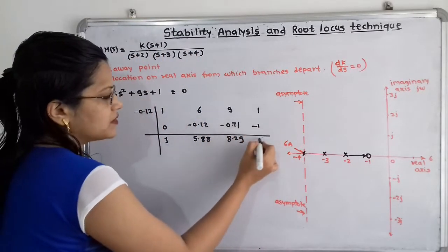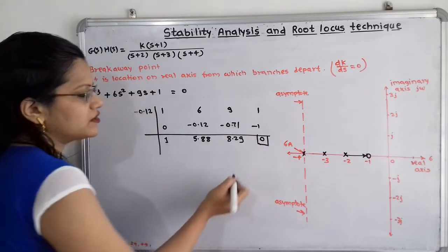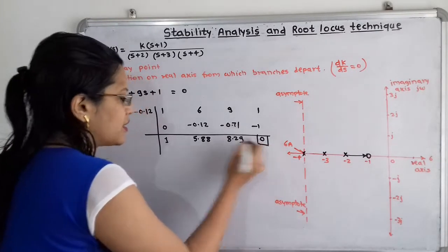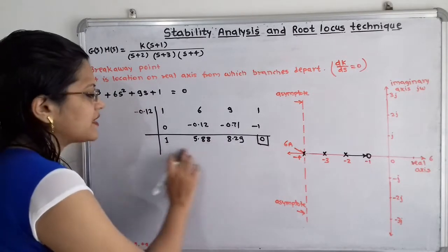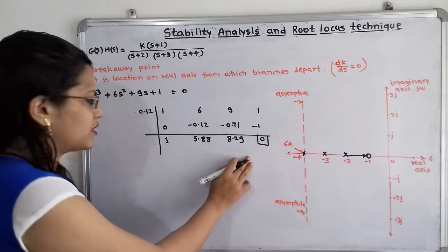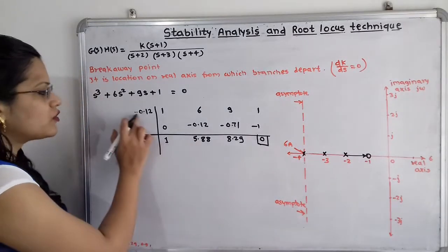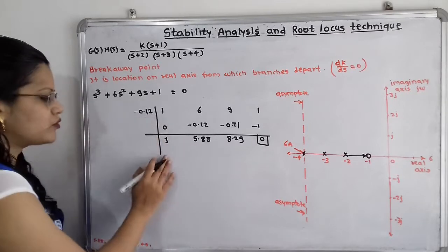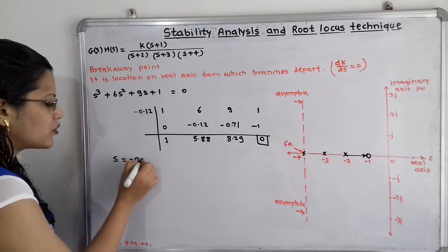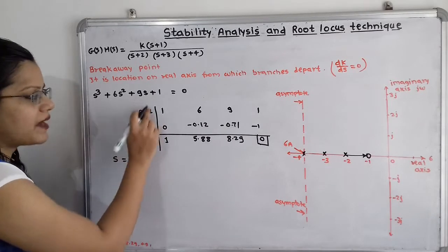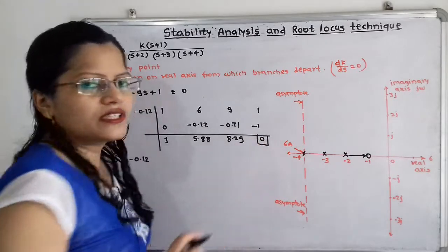So this 1 minus 1, that is 0. So here is the required answer, that is 0. So when here is 0, then we have to select these 3 numbers. So from these 3 numbers we will write the equation. That is, we can say that one of the roots is minus 0.12. So I will write here, s is equal to minus 0.12, because when we take this minus 0.12, then here the required value, that is 0, is there.